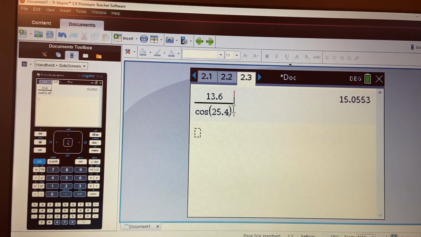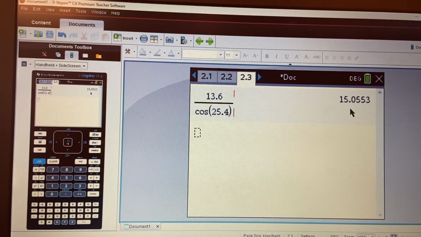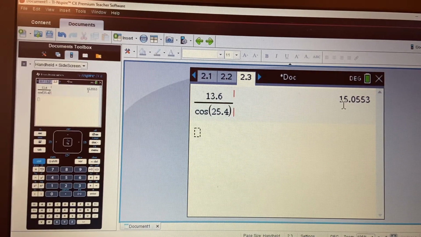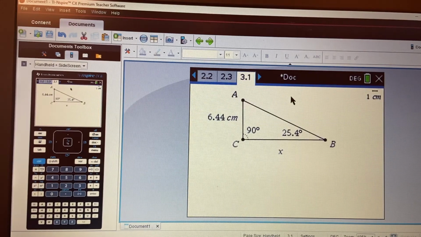And we put that ratio in and we get 15.05. Our first answer and this answer are just a little off. When we're working with decimals, our answers are going to vary just a little bit, but not enough to matter. So let's go to our next problem.